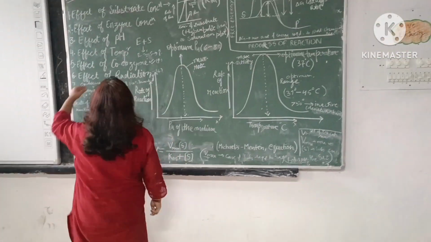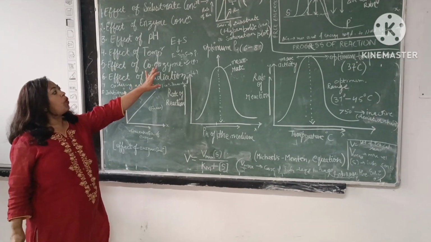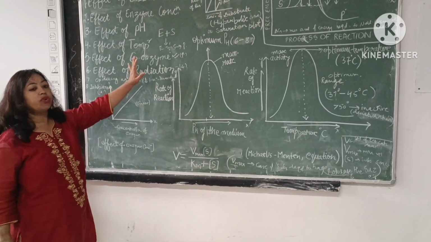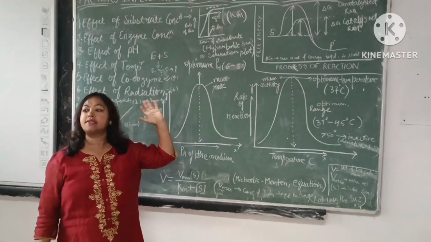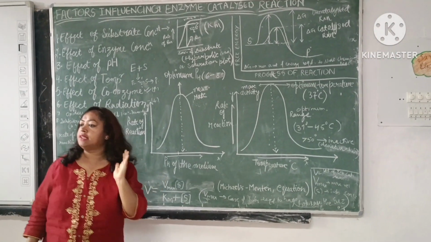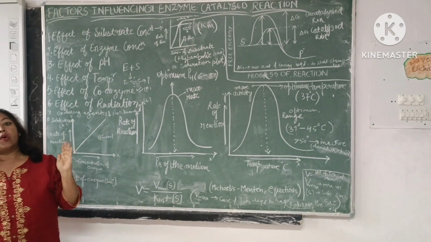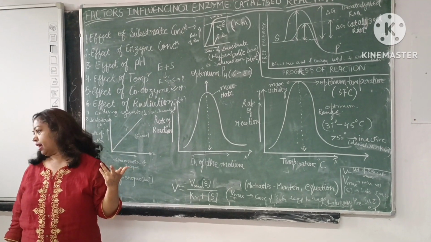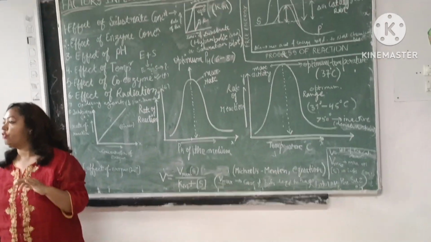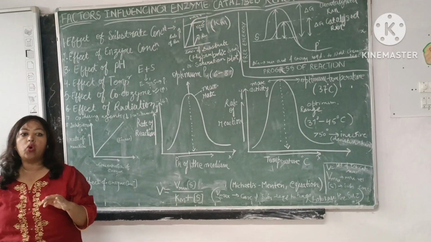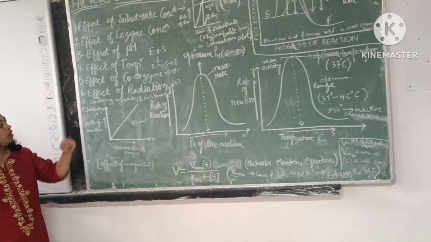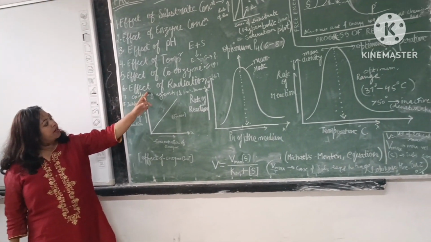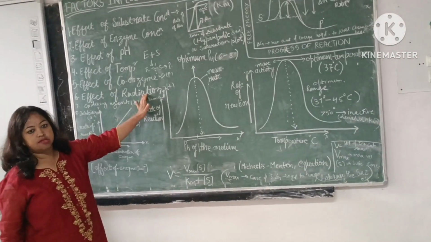Now coming to the next factor, that is the effect of coenzymes. We have earlier seen in the video that all coenzymes increase the rate of reaction because they form the active form of the enzyme, which is the holoenzyme. Then the next factor is the effect of radiations.